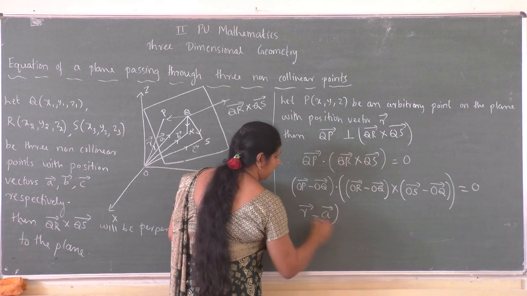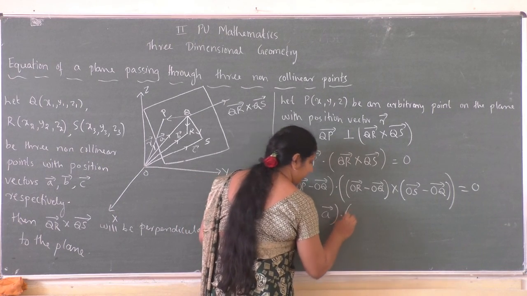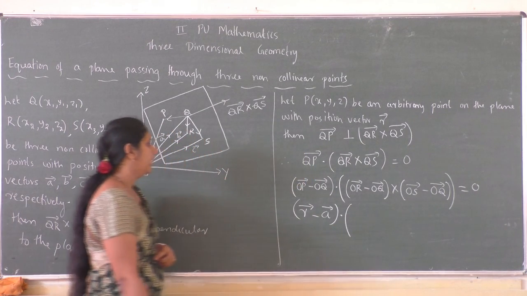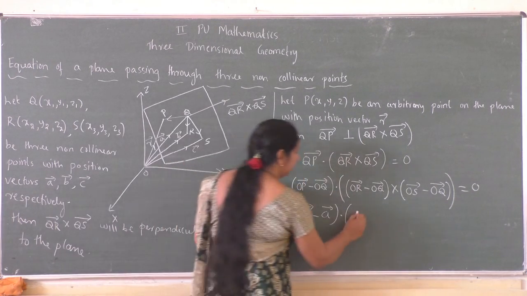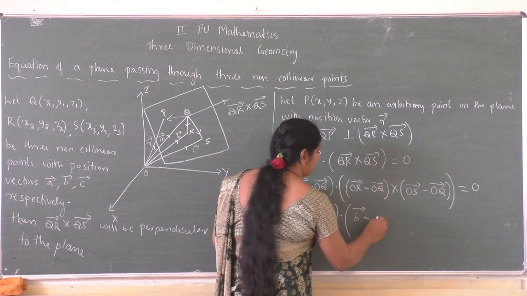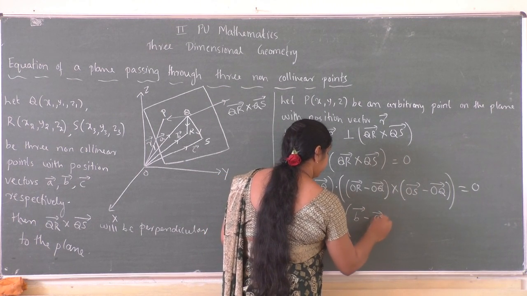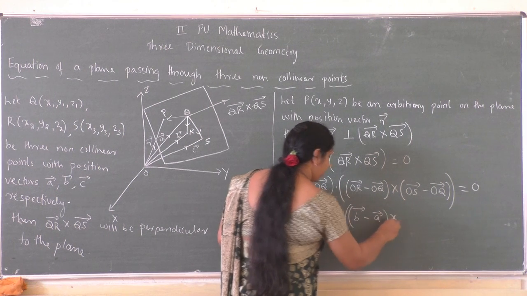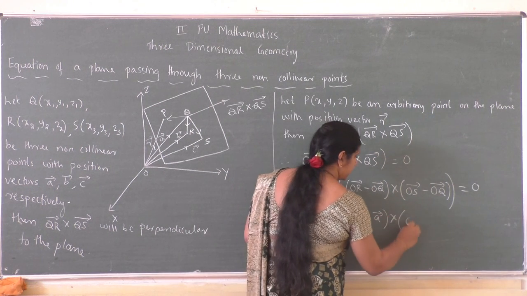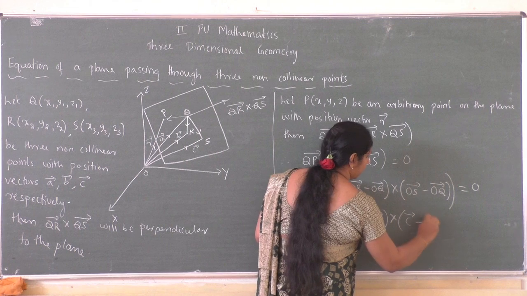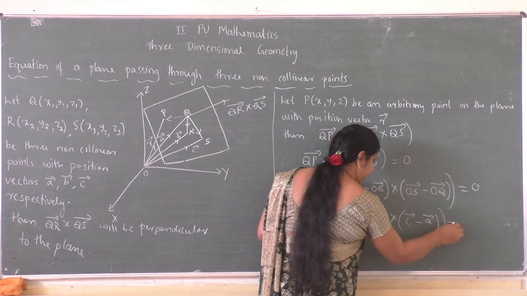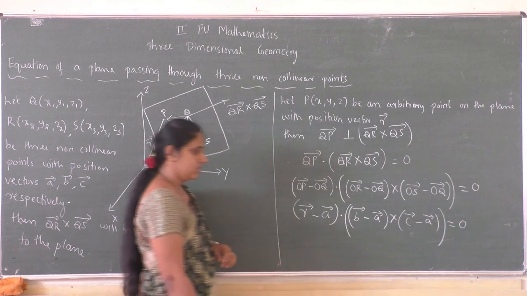So R vector minus A vector dot, what about OR vector? It is vector B minus OQ, A vector, cross OS vector, which is vector C minus OQ vector, which is vector A, equal to 0.